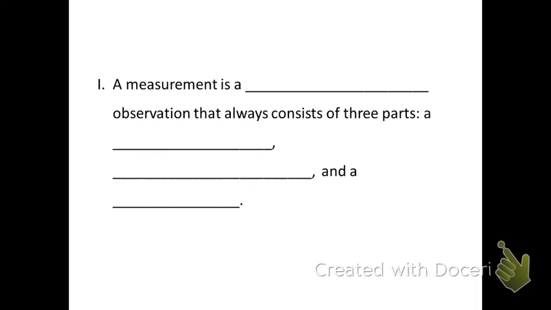Right. What exactly is a measurement? Let's write down kind of a definition. A measurement is more or less a quantitative observation that always consists of three parts.